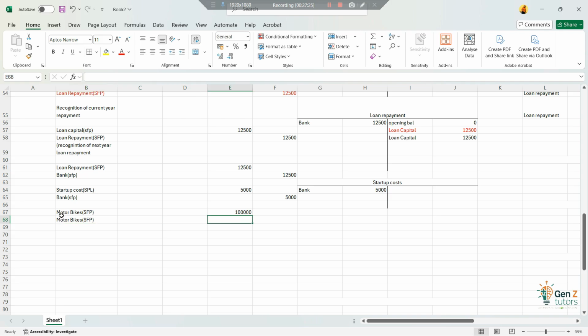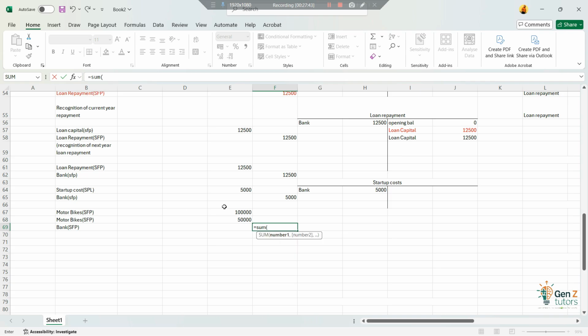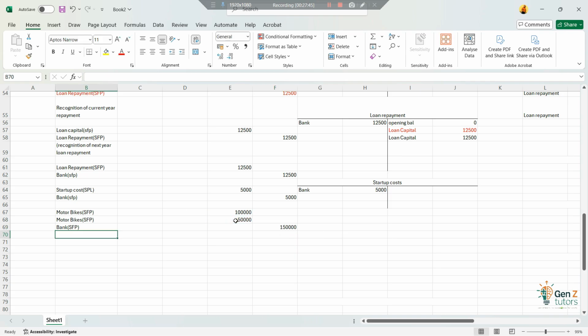For how much? For 50,000. This one wasn't the individual one, right? And all of this, in total, the money that came out of the company is the sum of these two, which is 150,000 at this point in time, right?